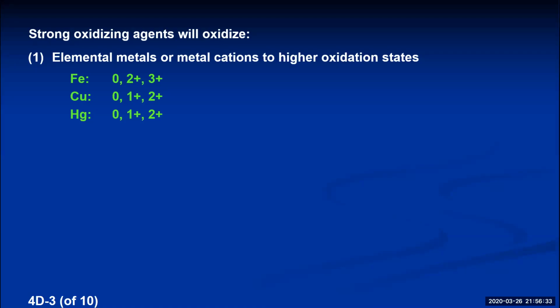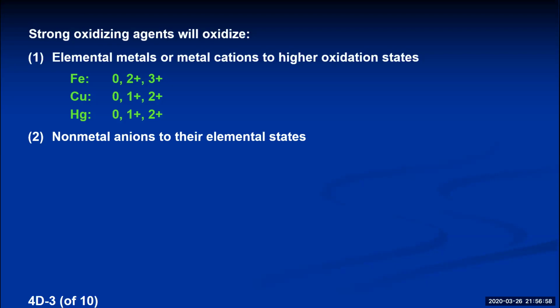So we'll see instances where you may have elemental metals like mercury 0, copper 0, or iron 0, and they'll get oxidized up to 2 or 3, up to 1 or 2, or up to 1 or 2. Or if you have iron, copper, and mercury in these intermediate oxidation states, an oxidizing agent can oxidize them up to their higher charge.